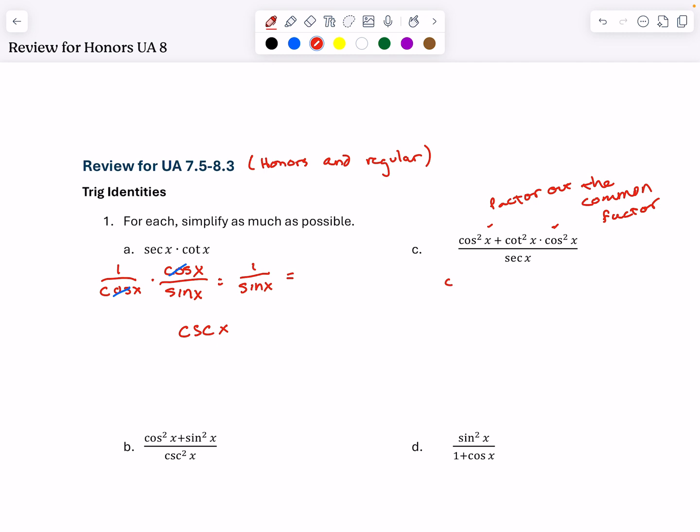Let's just see. Factoring out the common factor, don't forget the 1 plus. And then the second term has cotangent squared. Oh, look at that.